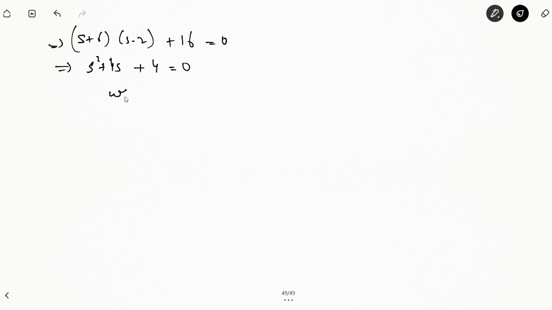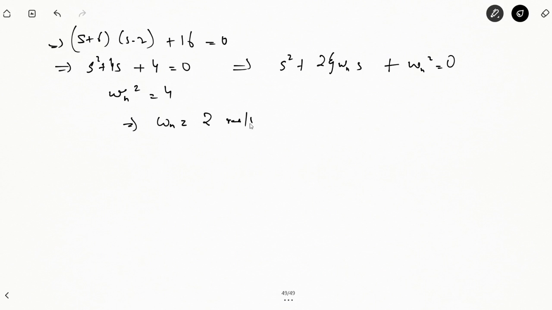Therefore, when compared with the general second order system, s square plus 2 zeta omega n s plus omega n square equal to 0, you have omega n square equal to 4, which implies omega n is equal to plus minus root 4, that is omega n equal to 2 radians per second.